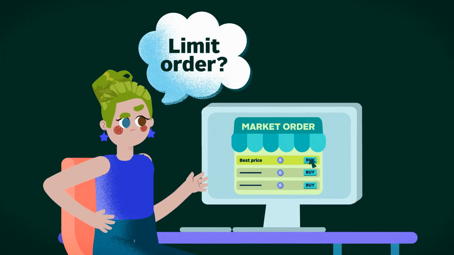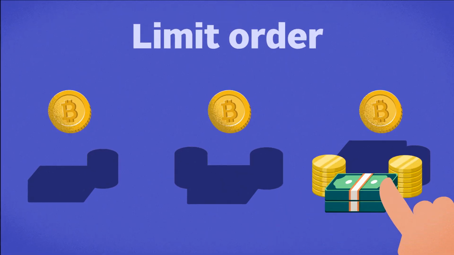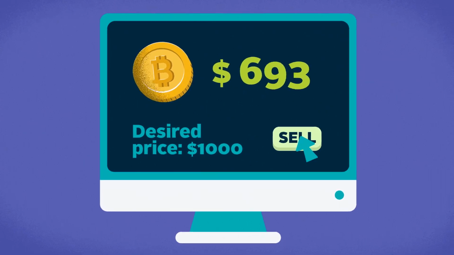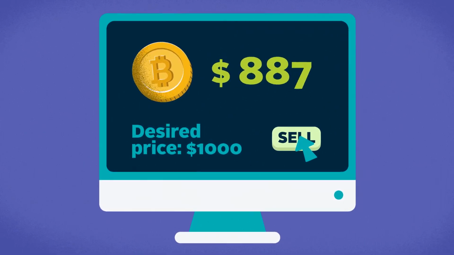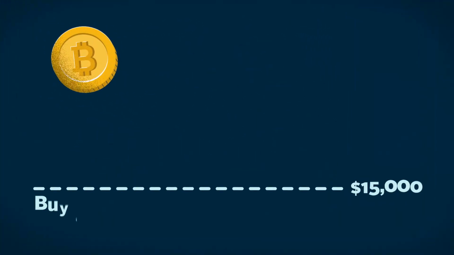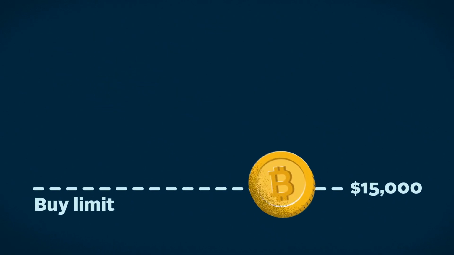But what does the limit order mean? Limit orders refer to setting down buy or sell orders for an asset at a certain price. Basically, you are instructing the exchange to buy or sell crypto when the asset trades at a desired price. Maybe you want to buy 1 BTC when the market price falls down to $15,000.